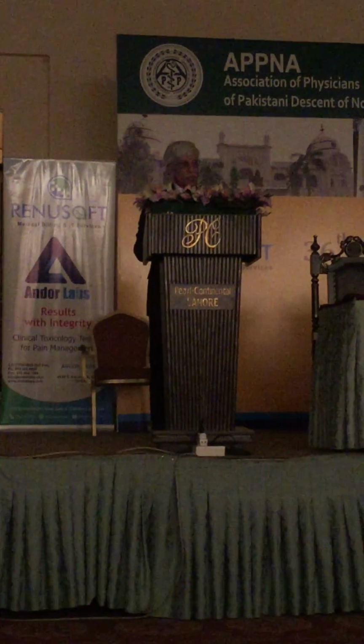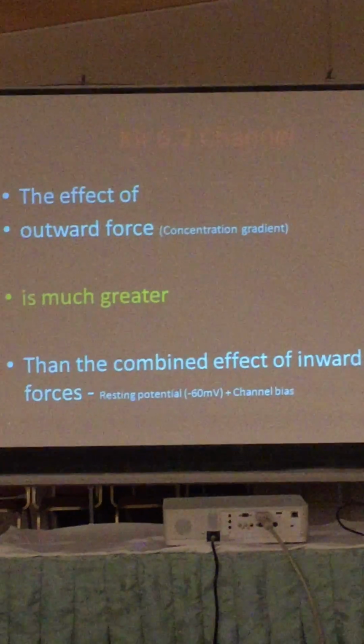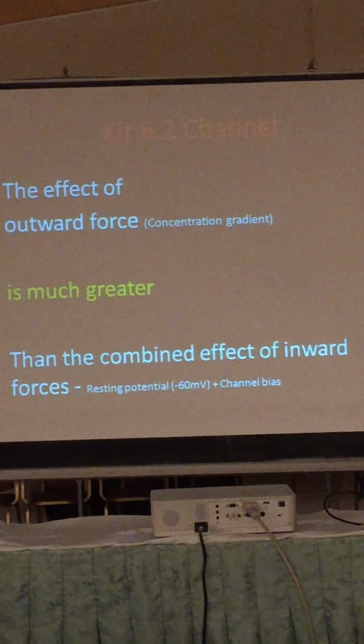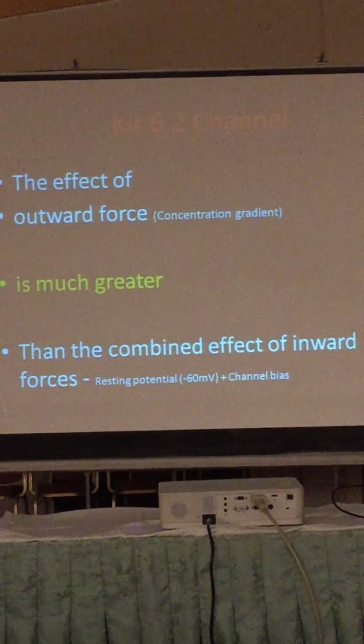The negative potential is pulling the potassium in, but the potassium concentration, which is high inside, is trying to push it out, so 3 forces are acting in tandem. One force is trying to push it out, 2 forces are trying to pull it in. The net effect of the outward force, which is the concentration gradient, is much greater than the combined effect of the inward pull of negative electropotential and channel bias.